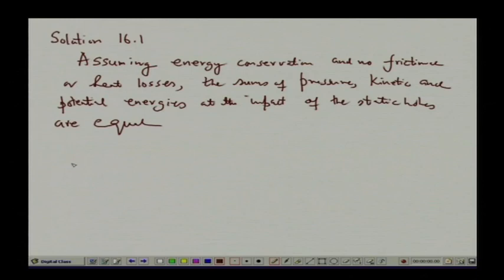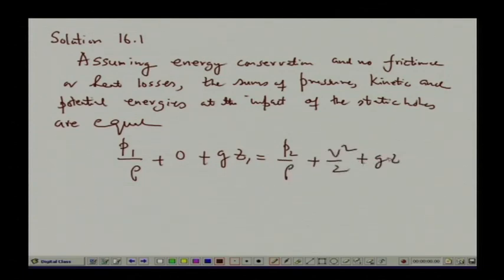Anyway, let me straight away write the equations. P1 by rho plus 0 plus g Z1 equals P2 by rho plus V2 square by 2 plus g Z2, right. So, P2 is a static pressure and this is a stagnation pressure. Obviously, P1 will be greater than P2, where Z1, Z2 are the elevations of the holes above the bottom levels, that means the static hole and the stagnation hole.